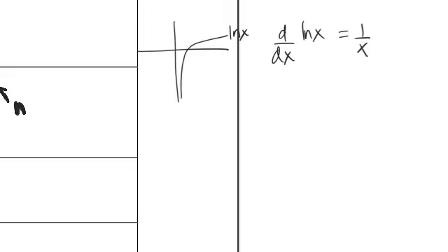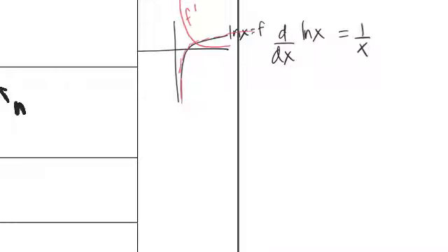If this graph is f, then f prime would be, well, you have a very steep slope here, right? So it's a very high number for f prime, and then the slope is getting less and less and less until it becomes very small and almost 0, right? So you can even sketch the derivative. If f is ln x, then f prime is 1 over x. So we know that from the fall.